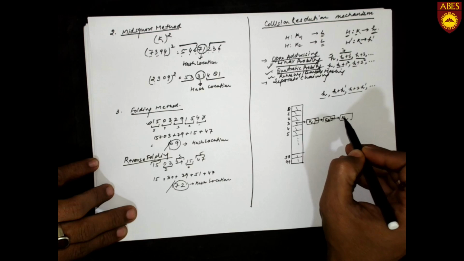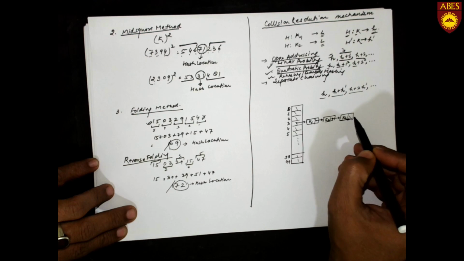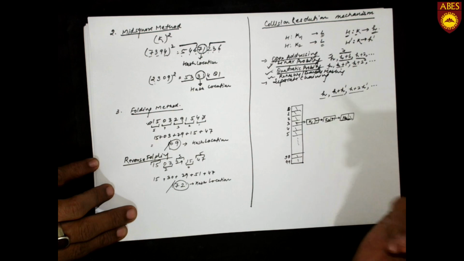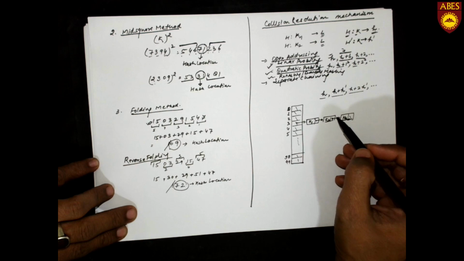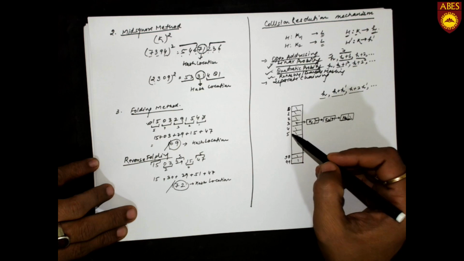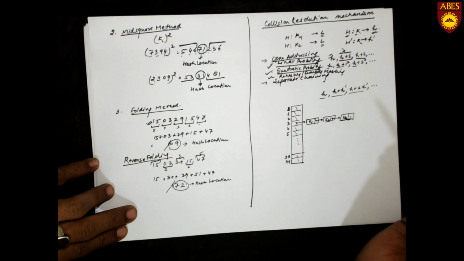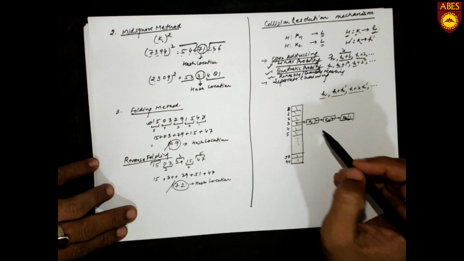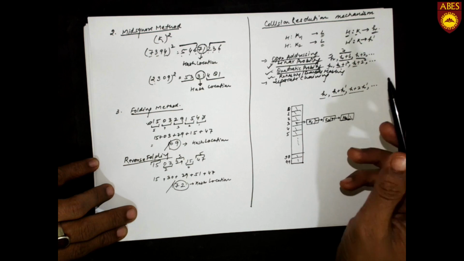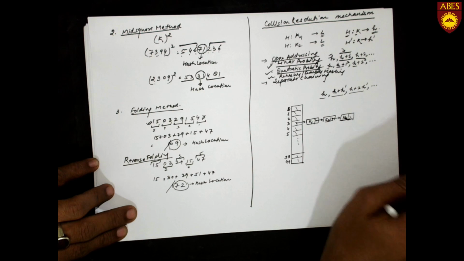So what is happening in this case is that it is not disturbing the locations of the other values, the other hash locations. So separate chaining is sometimes said to be a better method than open addressing. Now let us understand these techniques with the help of an example.